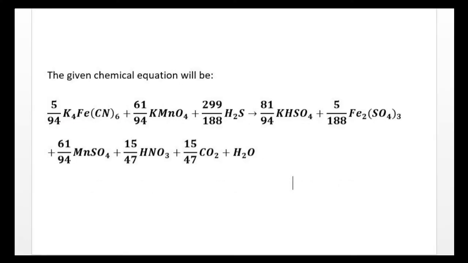The chemical equation will be 5 over 94 molecules of potassium ferrocyanide plus 61 over 94 molecules of potassium permanganate plus 299 over 188 molecules of sulfuric acid to produce 81 over 94 molecules of potassium bisulfate plus 5 over 188 molecules of iron 3 sulfate plus 61 over 94 molecules of manganese sulfate plus 15 over 47 molecules of nitric acid plus 15 over 47 molecules of carbon dioxide plus water.